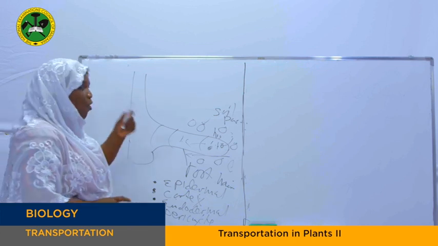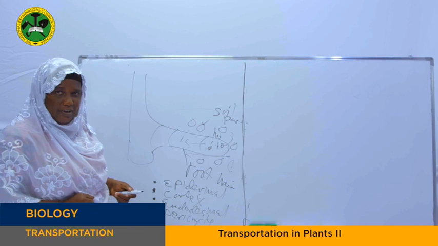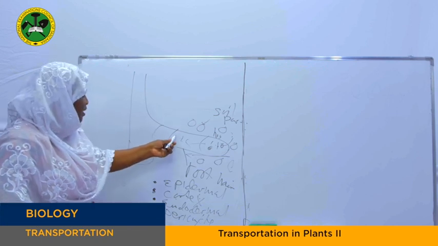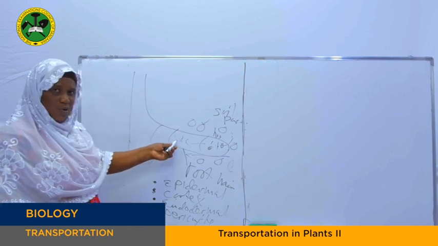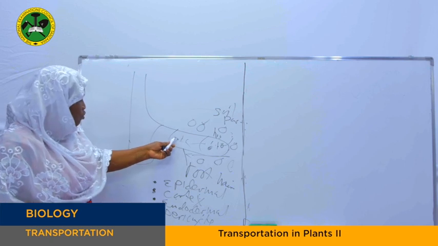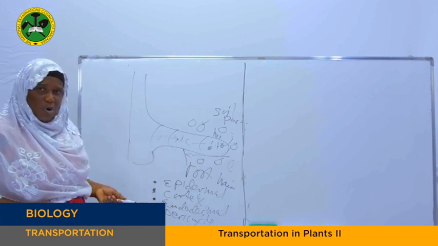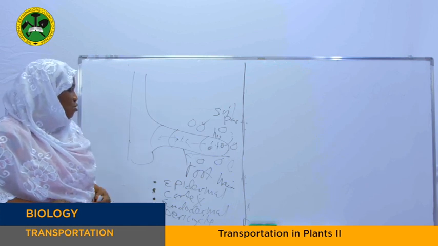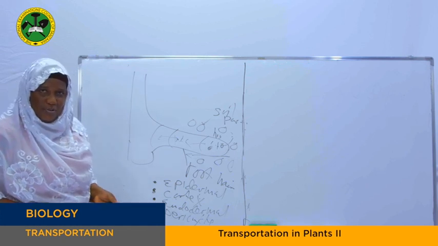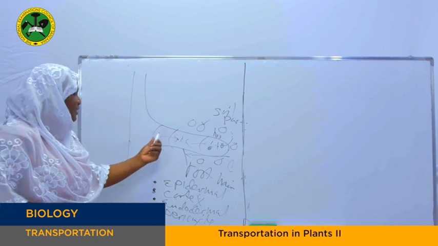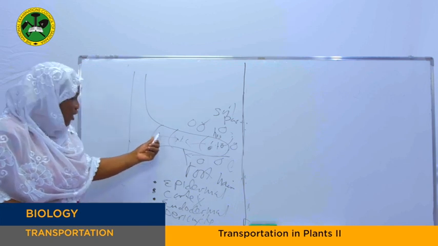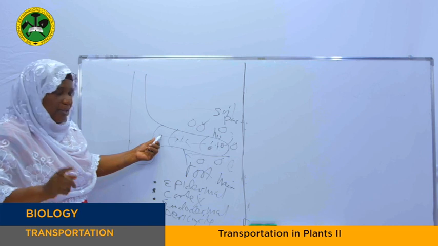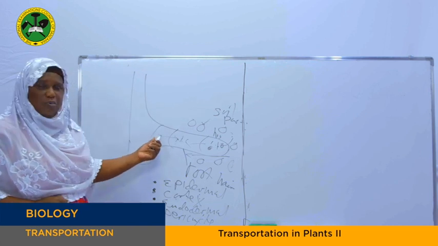This will make water move again from here, cortical cells with high water potential, to endodermal cells which experience low water potential. And when it enters the endodermal cells, again the protoplasm becomes what?